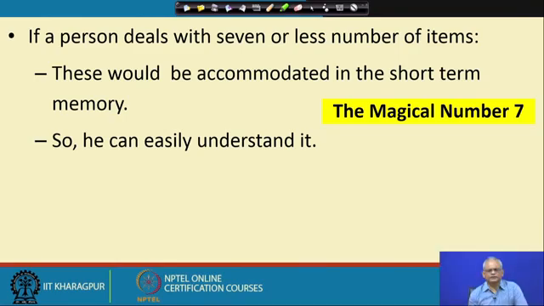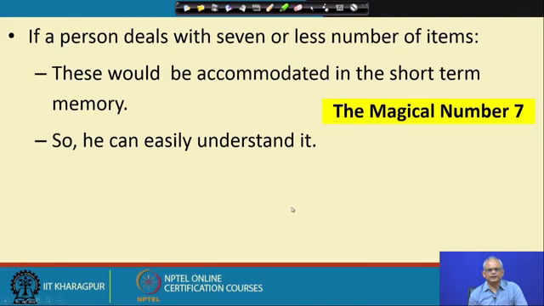Any set of information which has 7 items in it, for an ordinary person becomes easy to understand. But if the number of items is large, let us look at a very trivial example. Let us say you met 5 people somewhere, you will almost remember them.